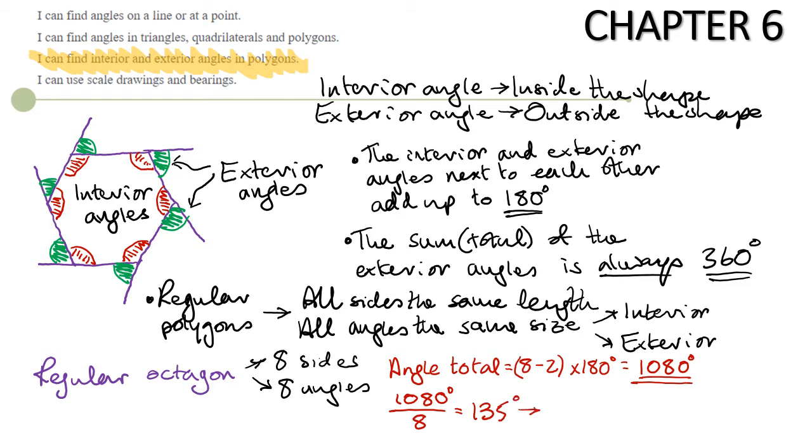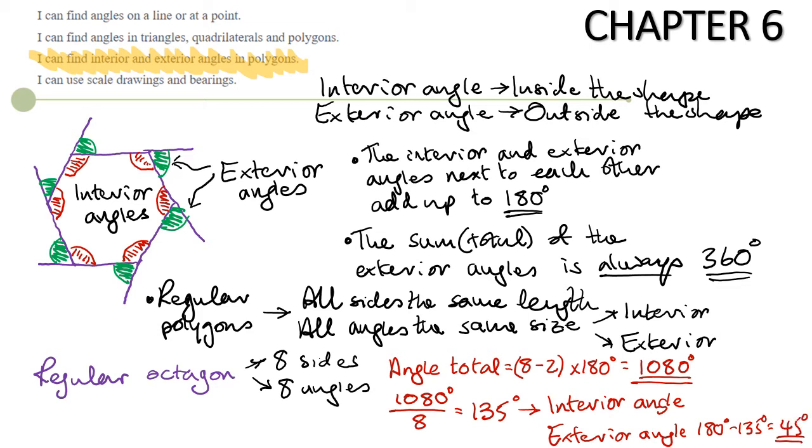That's the interior angle. Now, because the interior and exterior add up to 180, if I wanted to find the exterior angle, all I would do is 180 minus the interior angle 135. And the exterior angle, 180 minus 135, I get 45.